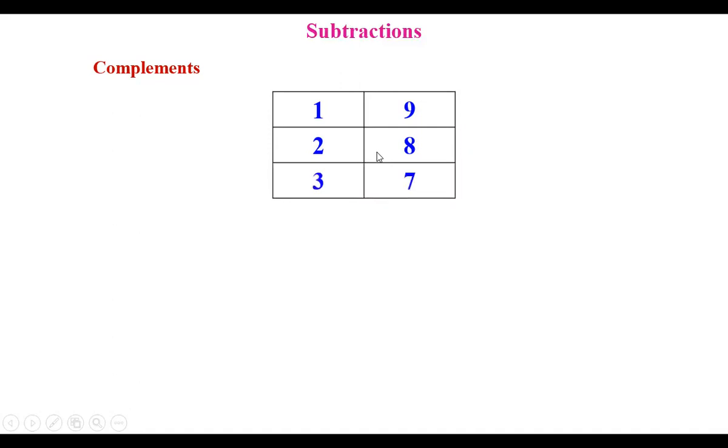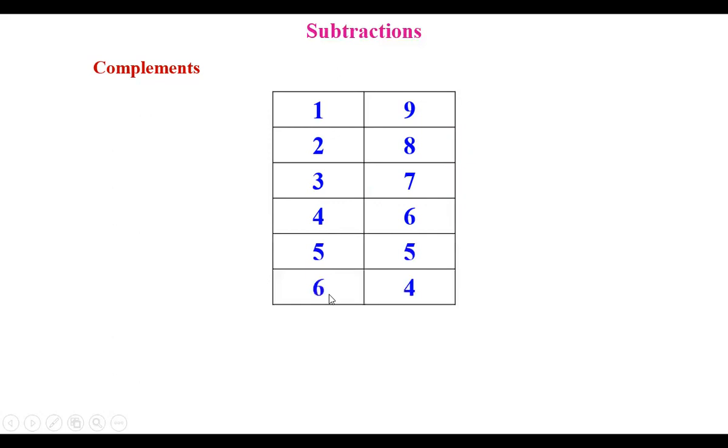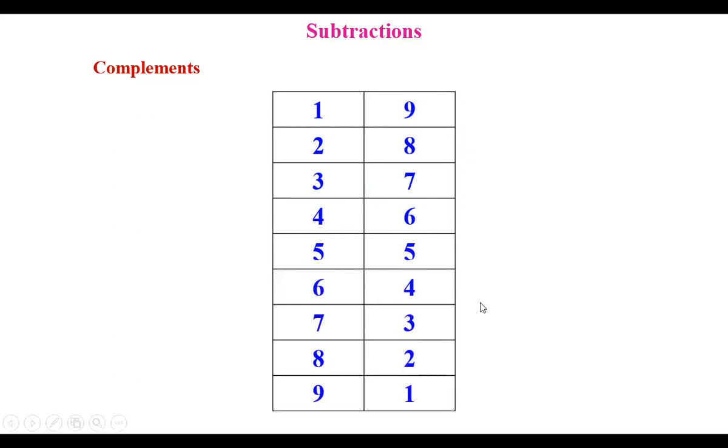Like this, we can have complements for all the numbers. So 3, 7, for 4 it is 6, for 5 it is 5, for 6 it is 4, 7, 3, 8, 2, and 9, 1. We are going to use these complements and make our problem easy.